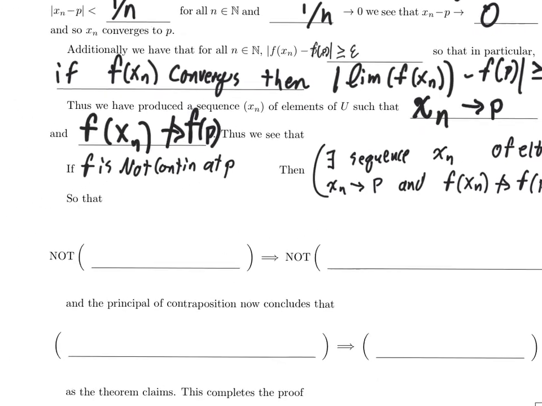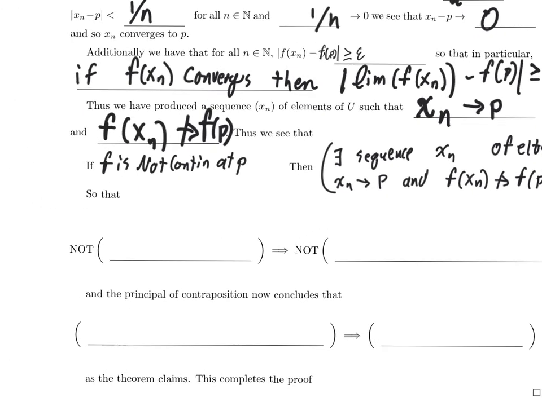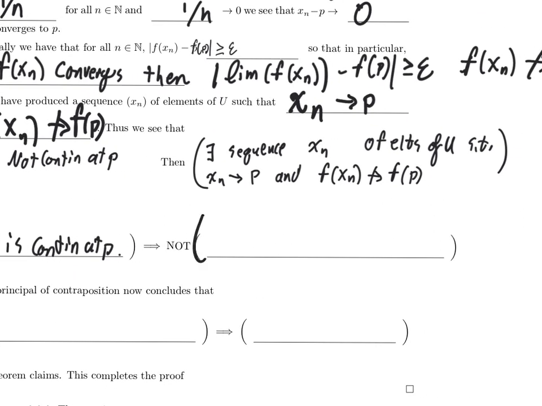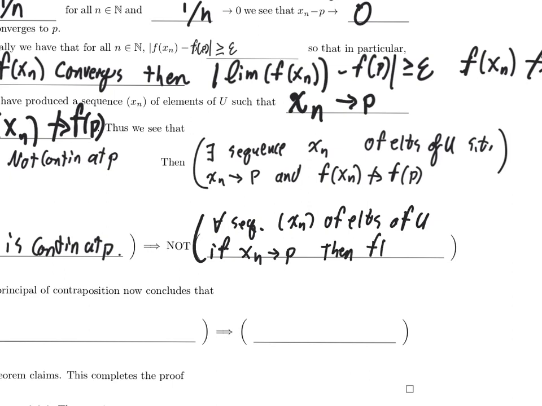Now, as we've already seen, both of those are negations of statements. So what we've really shown is that if f is not continuous at p, then it is not true that for every sequence x_n of elements of U, if x_n converges to p, then f of x_n converges to f of p.